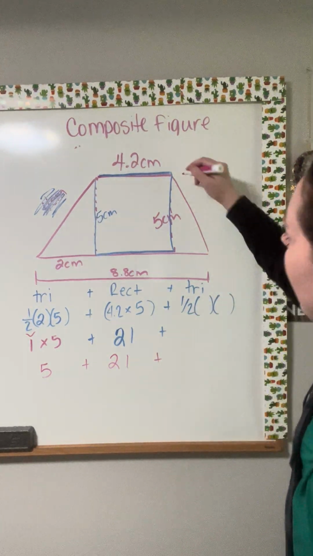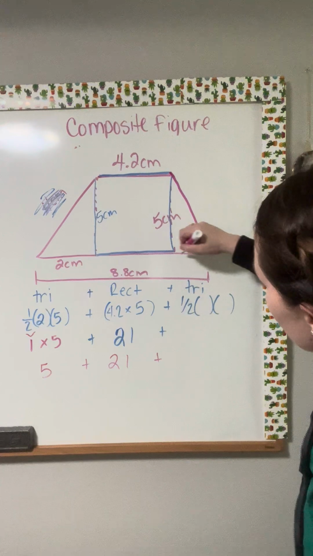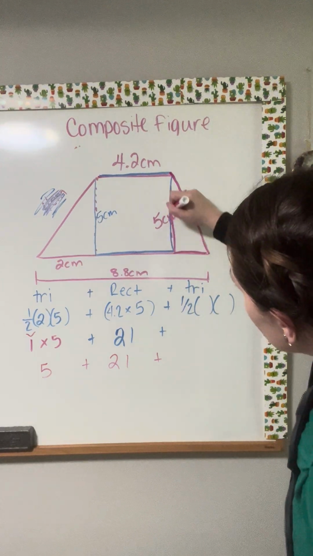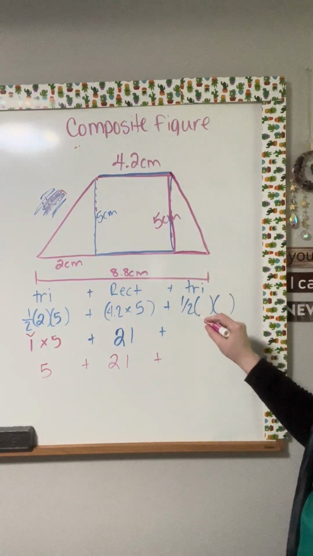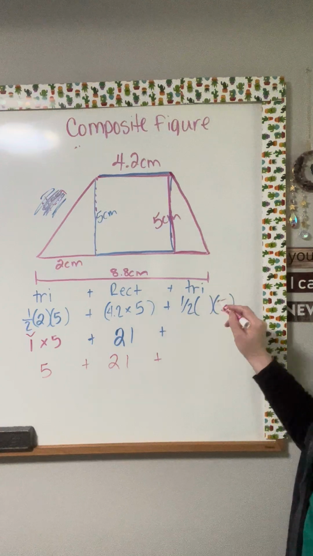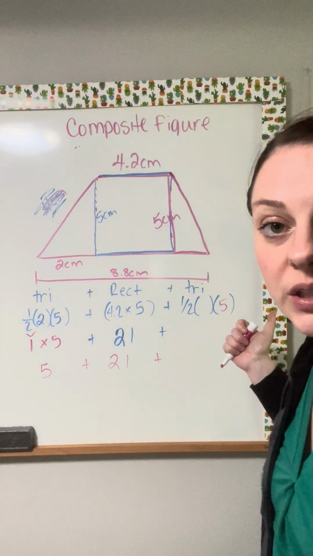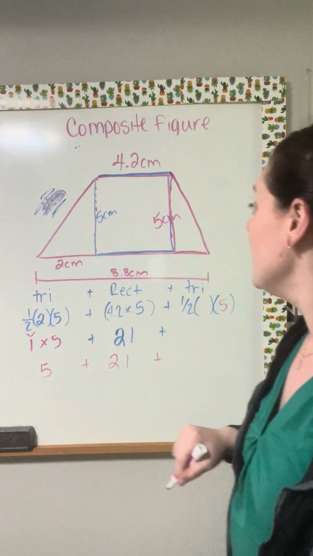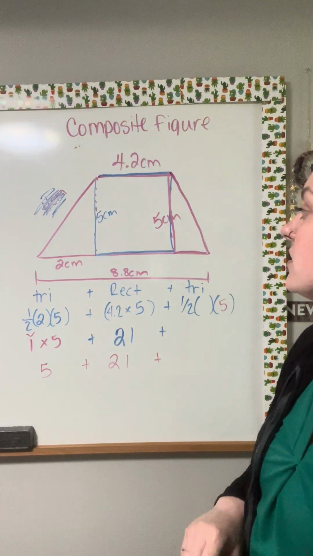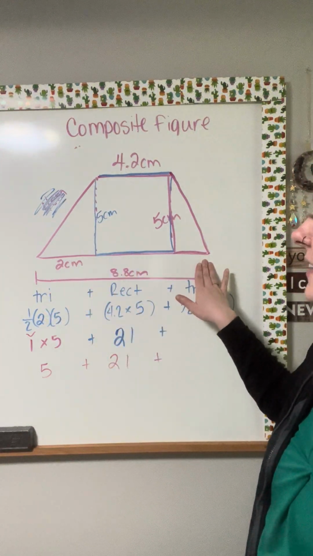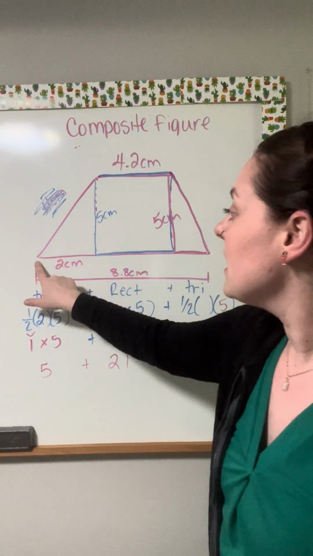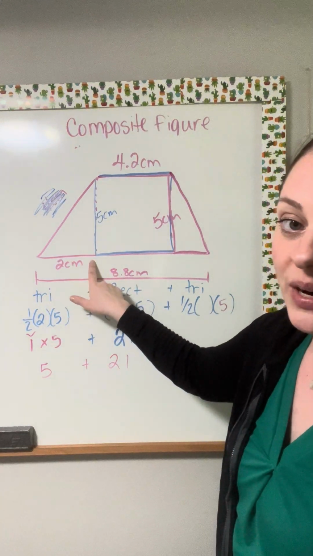So I have a height here, but I don't have a base. So my height is 5. I don't know what half of 5 is, so I'm just going to put it over here and hope for the best. All right, now this is another one of those situations where you have to add and subtract a little bit. So from here to here is 2, right?